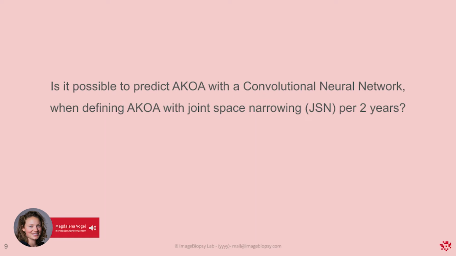So my question is if it's possible to predict accelerated knee osteoarthritis using a convolutional neural network, if we define the accelerated form with a joint space narrowing per 2 years.